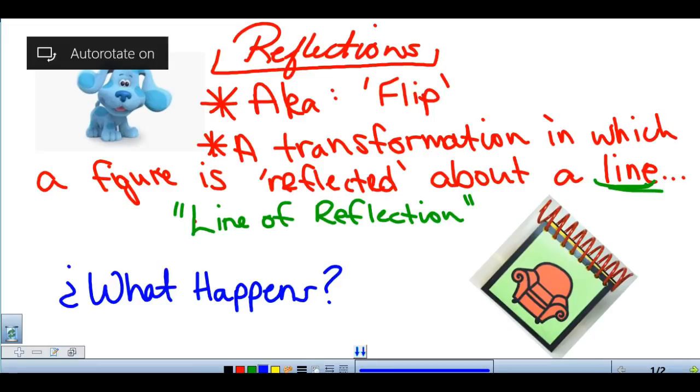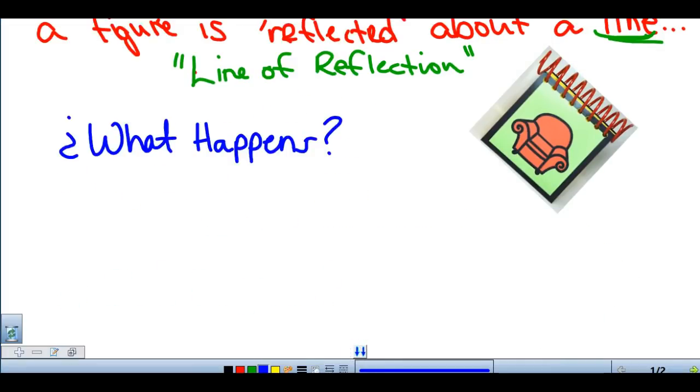All right. Now that fun's over, let's go ahead and continue on and discuss what happens when we reflect a figure. Okay? Because the line of reflection can vary, different things can happen depending on the different line of reflection.